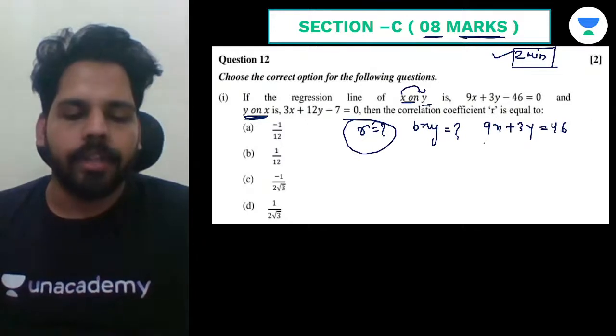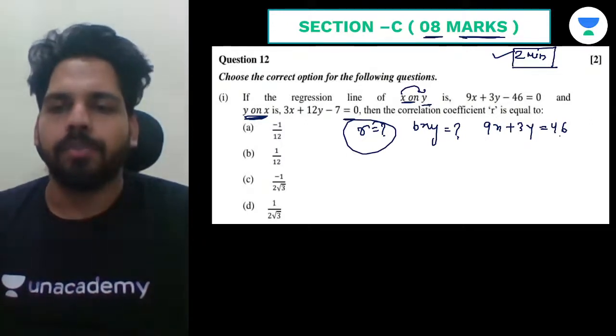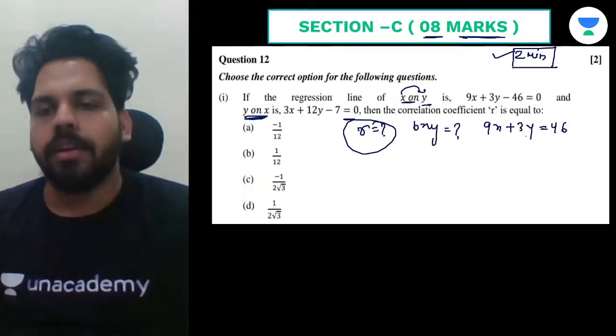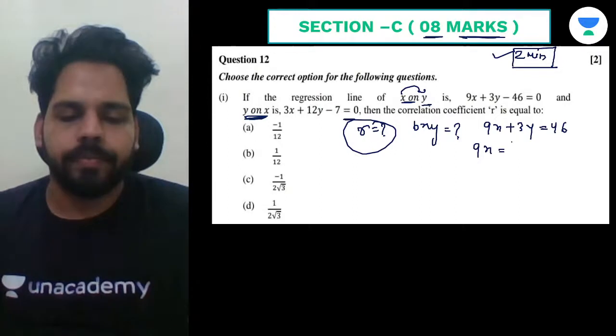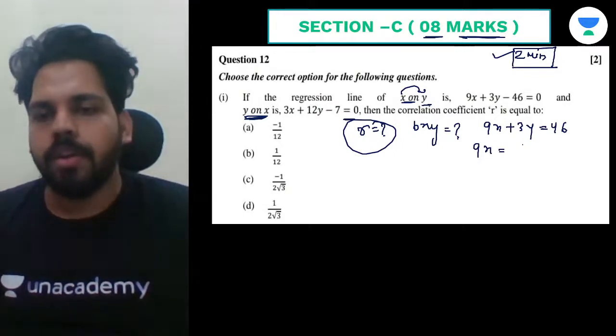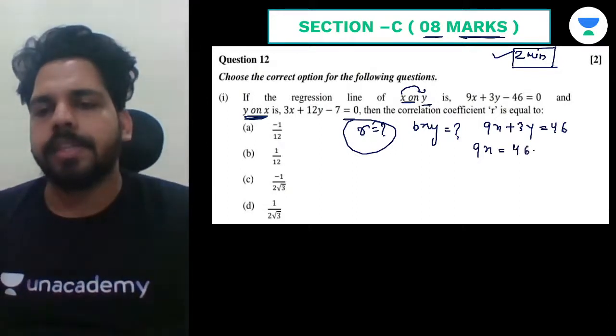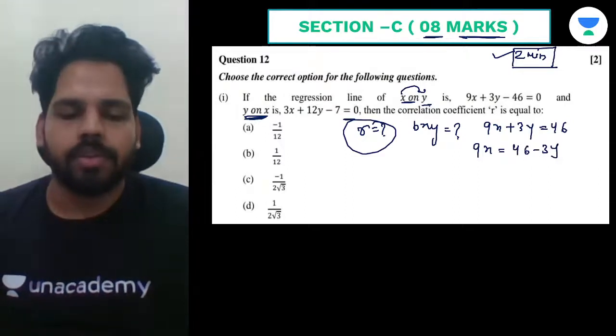So we are finding the value of x and we transpose the given coefficients. Here we can write 9x is equal to 46 minus 3y. Yes or no?